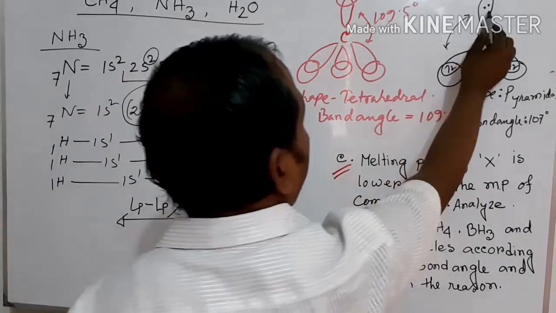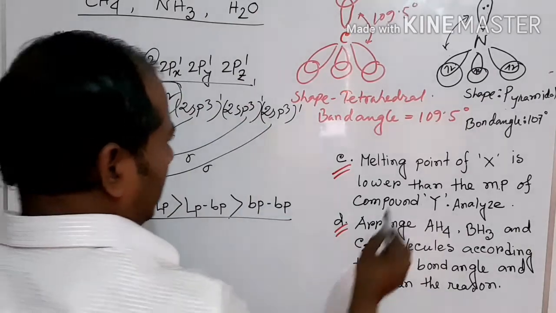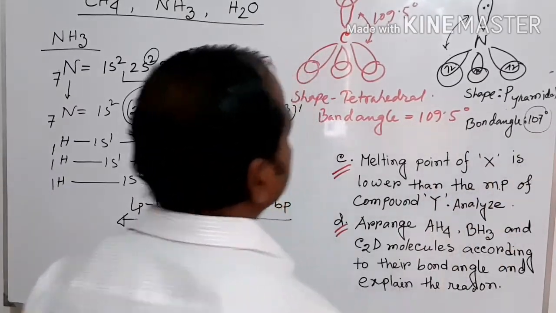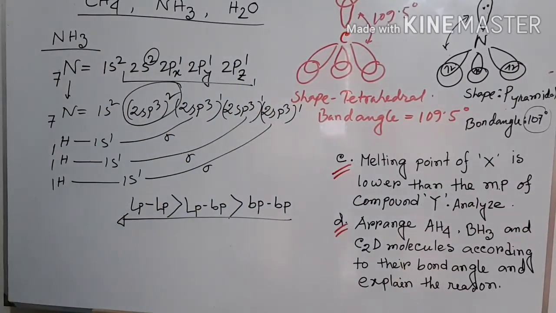Here lone pair-bond pair repulsion is present, that's why the bond angle turns into 107 degrees from 109.5 degrees.